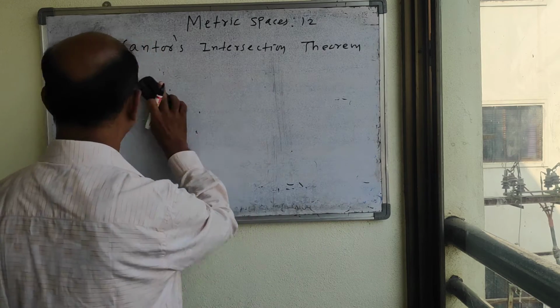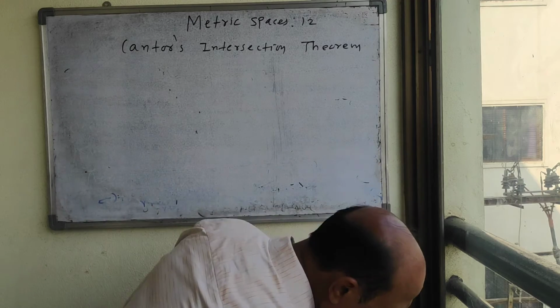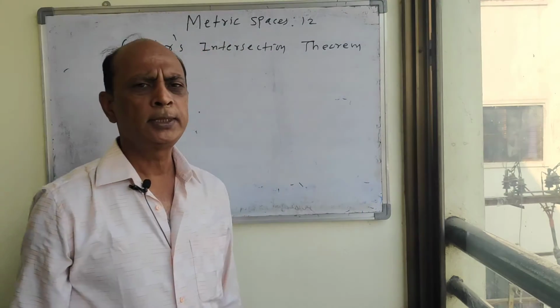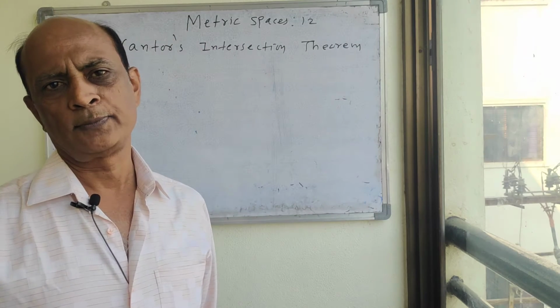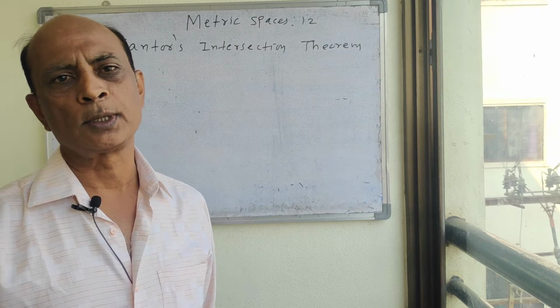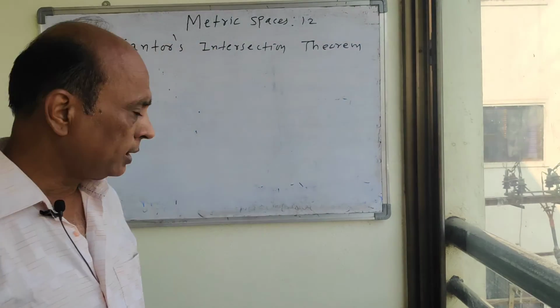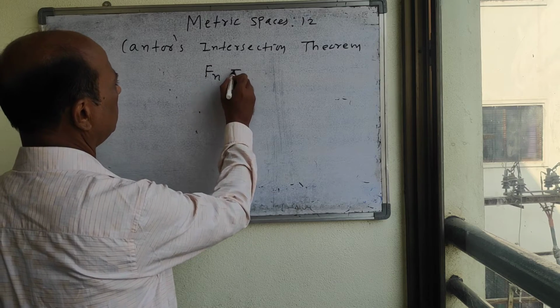Now let us prove today's theorem, that is Cantor's intersection theorem. Now here what is given? It is given that the sequence Fn is a decreasing sequence of non-empty closed subsets of X, and it means this Fn is clearly non-empty.